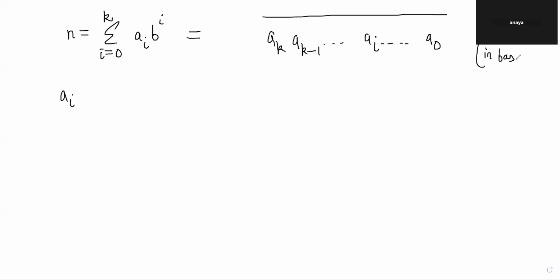In base b, a_0 is the first digit, and a_i will be the i plus 1th digit.